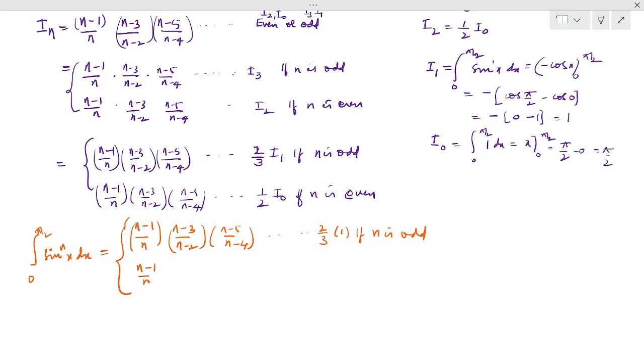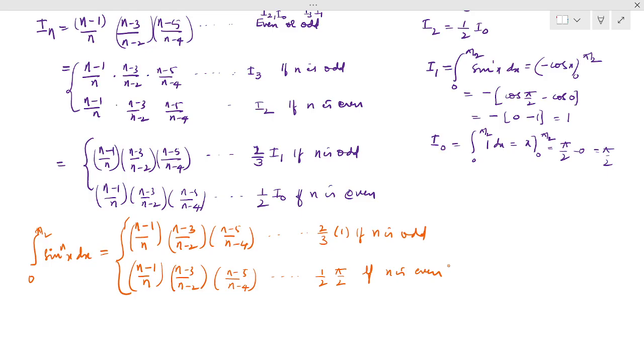And if n is even, the same product ends with 1 by 2 times pi by 2, because I0 is pi by 2. So this is the formula for sin raised to n x.